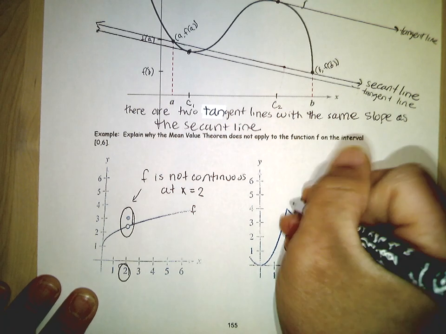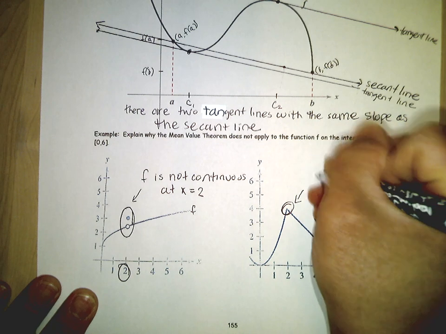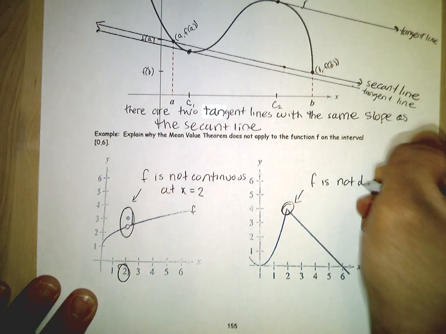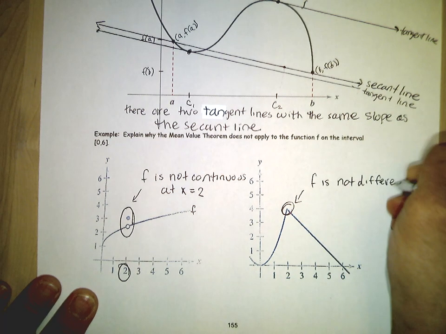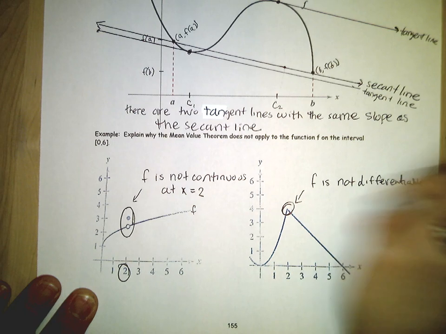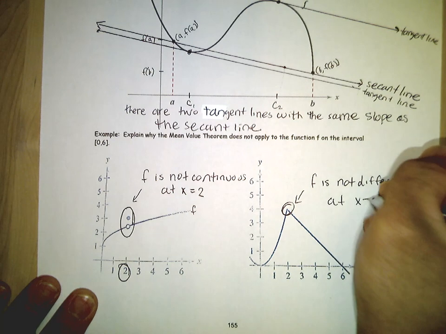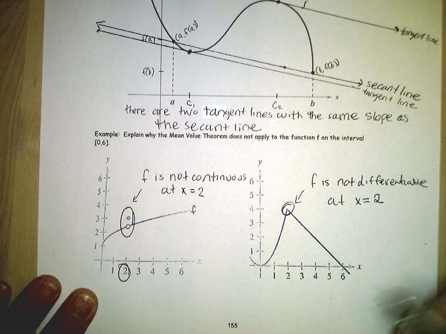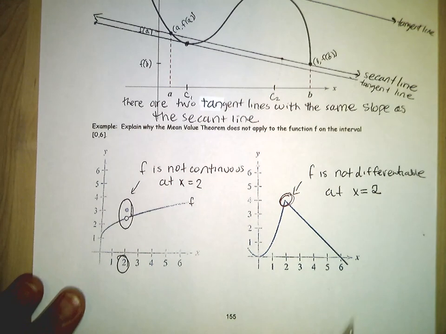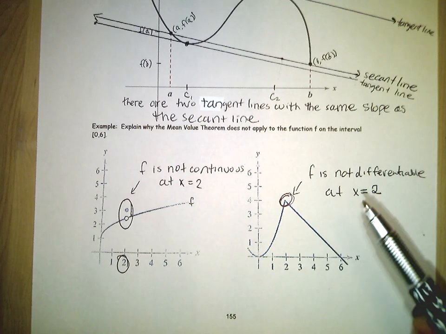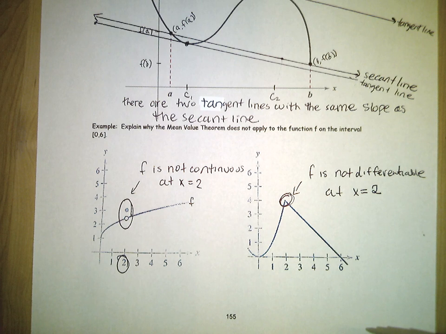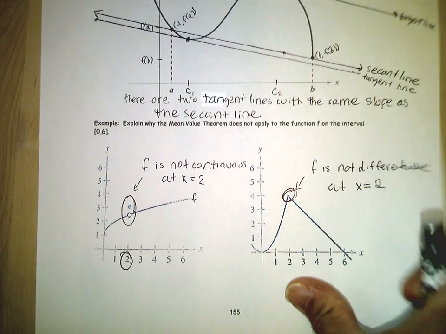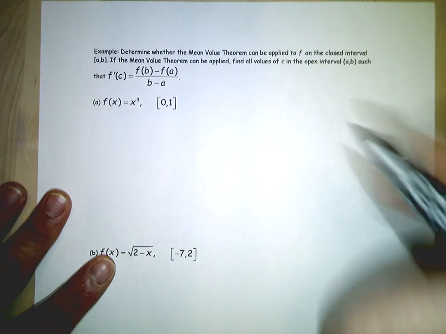And here, f is not differentiable at x equals 2. All right, so you're going to see a sharp corner, a vertical tangent line right there.